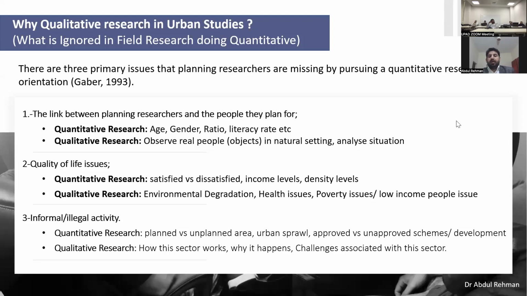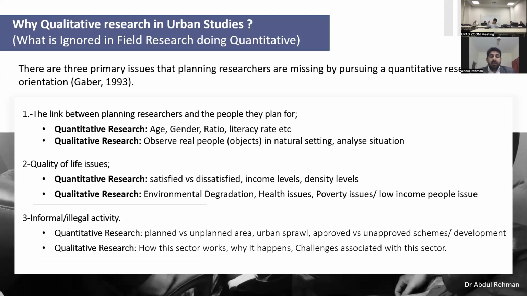So from here, with different examples relating to architecture and urban planning, you will better understand where to use qualitative research. For example, there are three primary issues that planning researchers miss by pursuing only quantitative research. That's the reason behind employing qualitative research.